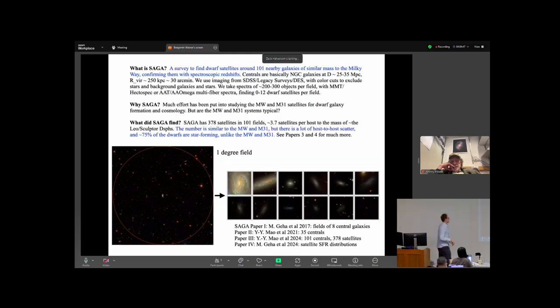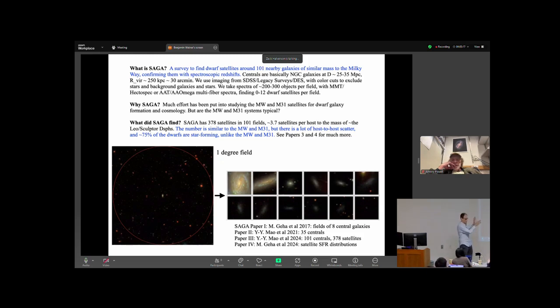I won't read all of the text here, but what is SAGA? It is a survey to find dwarf satellites in the fields of Milky Way analogs. There's 101 of them. They were selected to be very similar in mass to the Milky Way and somewhat isolated. They turn out to be basically NGC galaxies at around 30 megaparsecs, which makes the virial radius about 250 kiloparsecs, about 30 arc minutes.